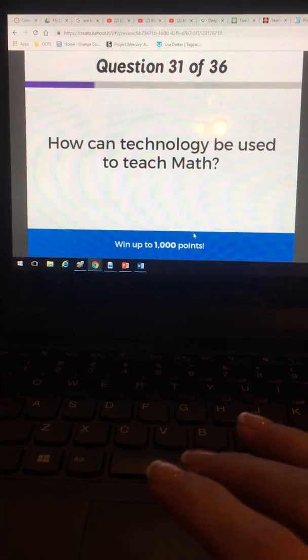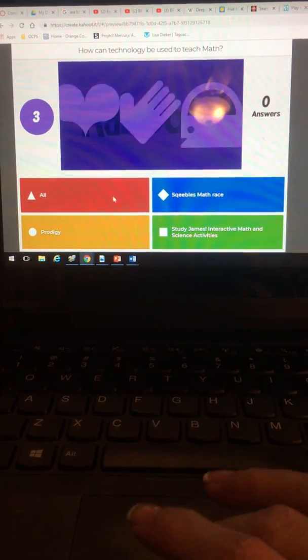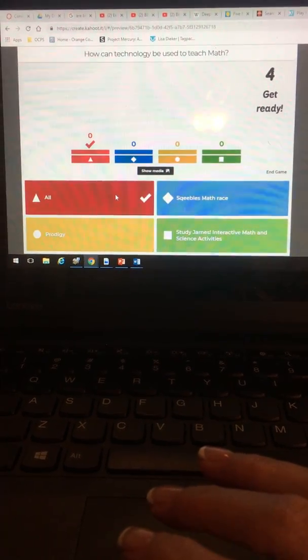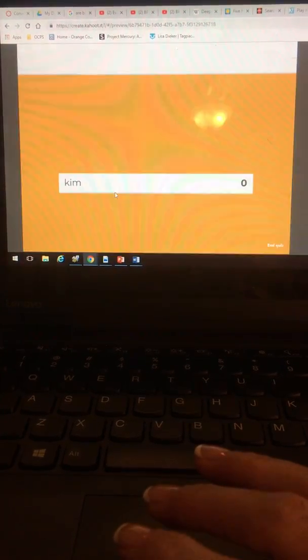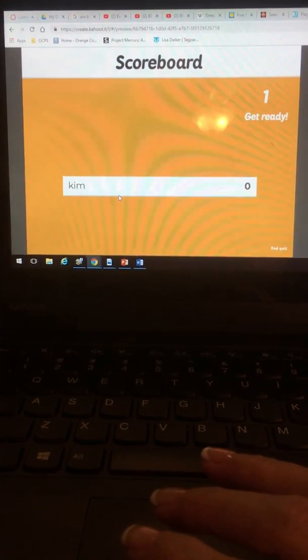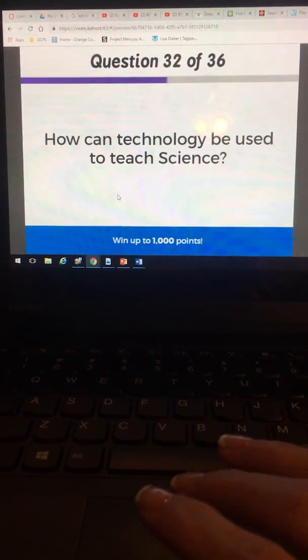How can technology be used to teach math? How can technology be used to teach science?